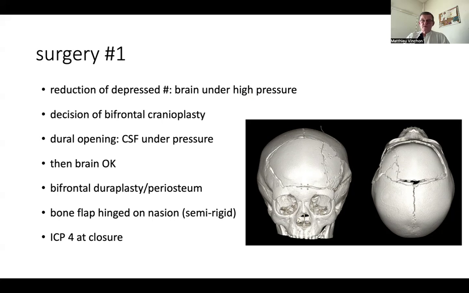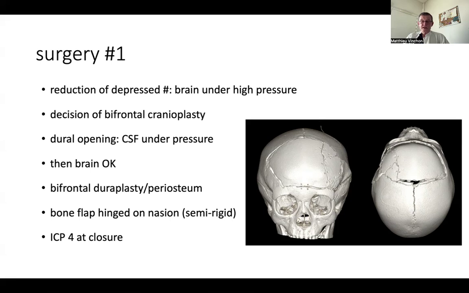So we did a bifrontal craniotomy with a replacement of the bone flap hinged on the metopic region. At that time, the brain was okay. And after opening of the dura, we had CSF under high pressure, after which the brain was much relieved. And we did a bifrontal duroplasty, and we put an ICP monitor which showed ICP was at 4 on closure.